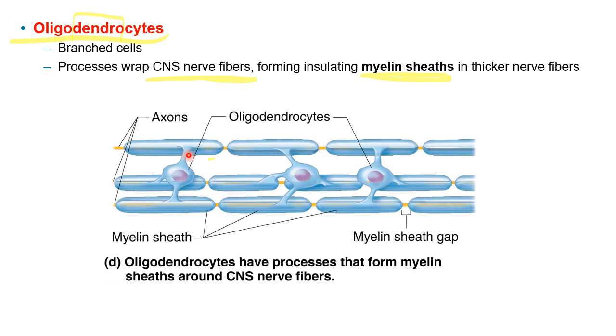This can go up to, I think, about 60 or so of those little sheaths that come from these branches. So one cell is going to stretch a branch and myelinate, stretch a little arm here, myelinate, a lot of these nerve fibers. Remember the name of this guy, oligodendrocyte.